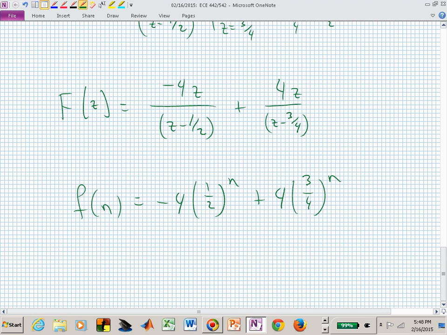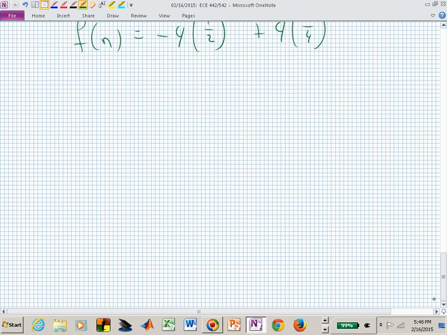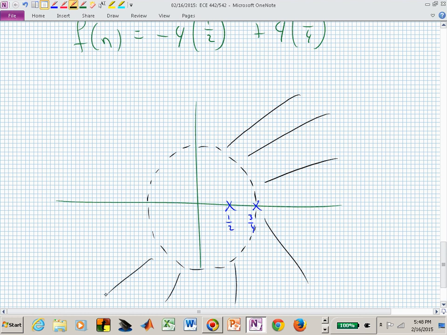My region of convergence, relative to these poles at 1/2 and 3/4, was outside of, or exterior to, all of the poles.